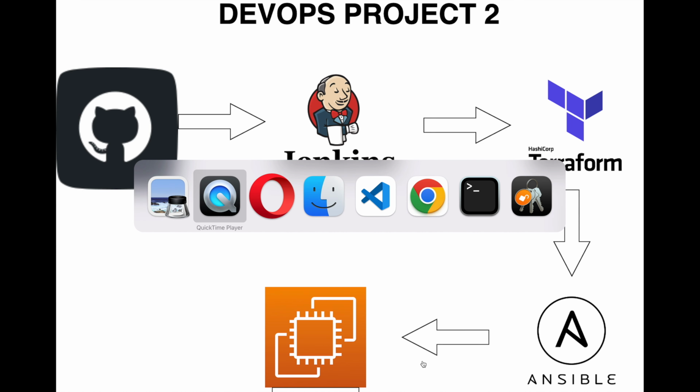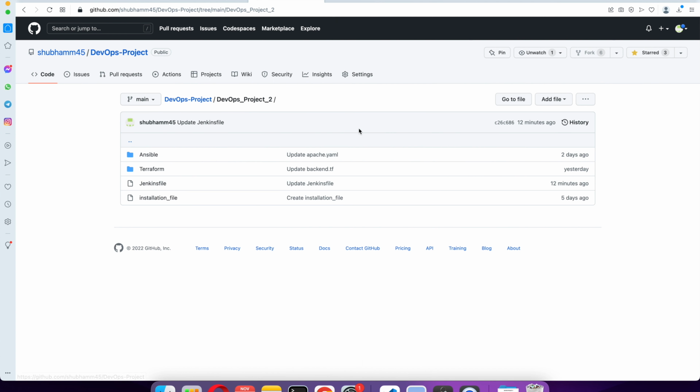First I will show you the GitHub repository. This is the DevOps project two you can find in my GitHub. I will also paste this link in the description so you can go and look into it. Here you can see the Ansible folder, the Terraform folder, the Jenkinsfile, and the installation file.